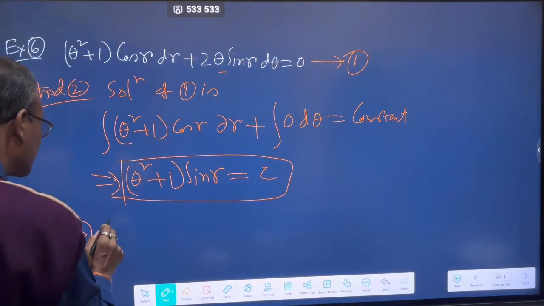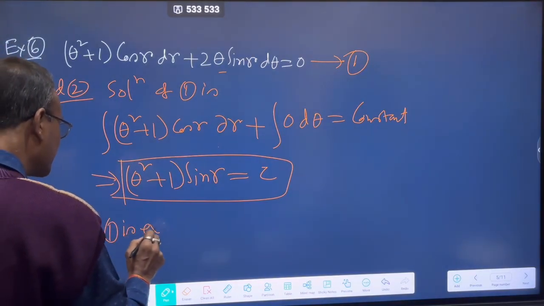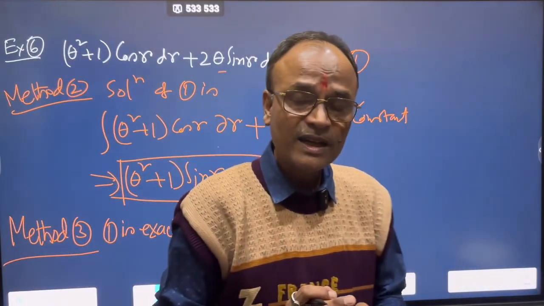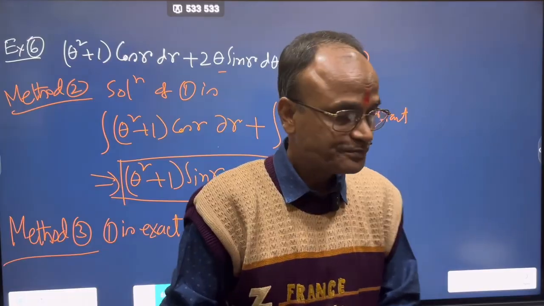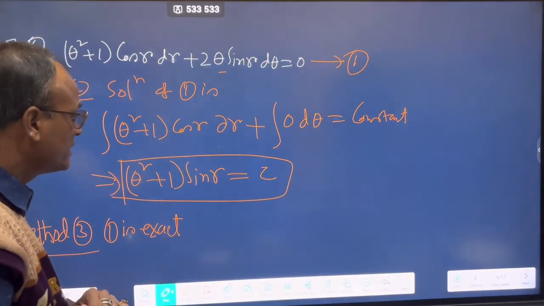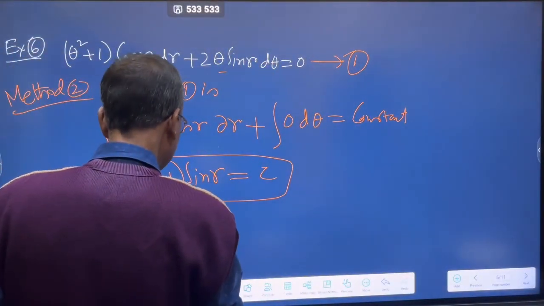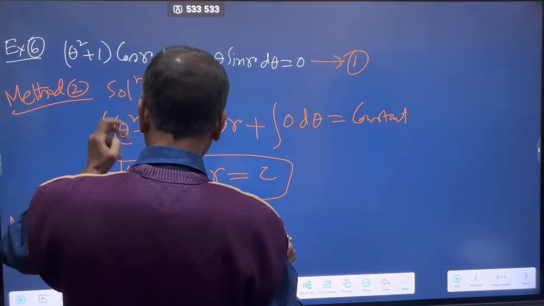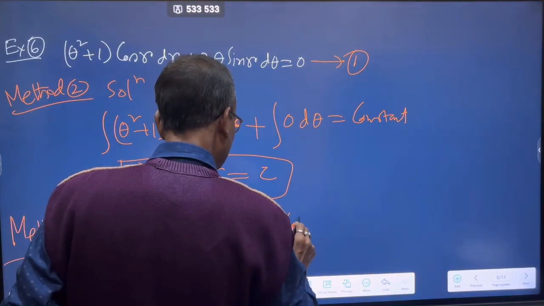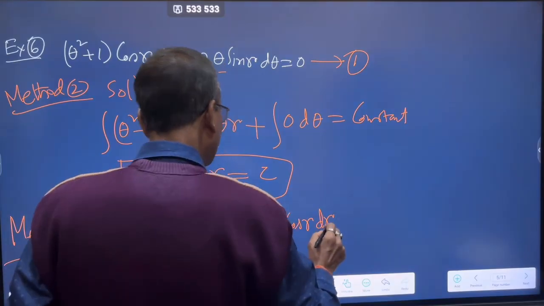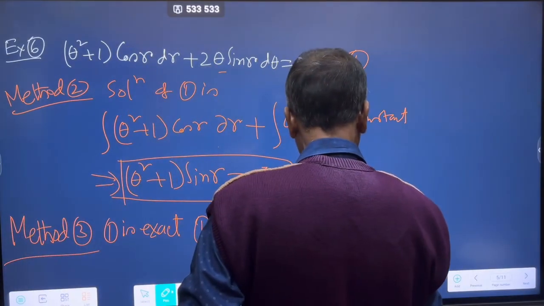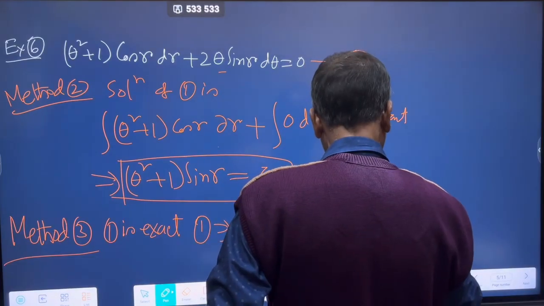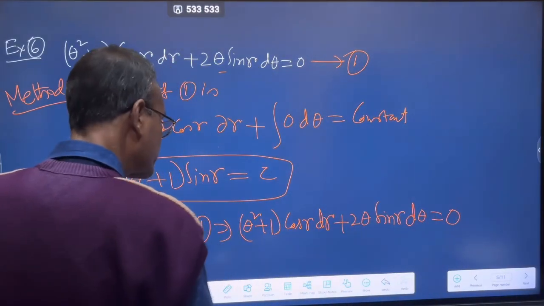1 is exact. It has already been proved. Method of grouping. Therefore, 1 implies (θ² + 1) cos r dr plus 2θ sin r dθ equals 0.